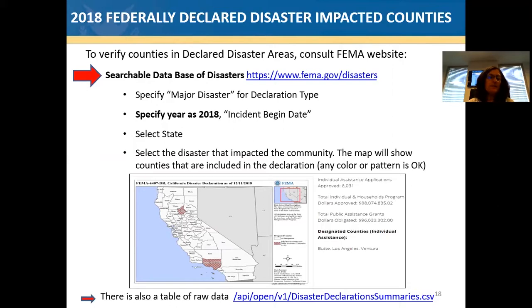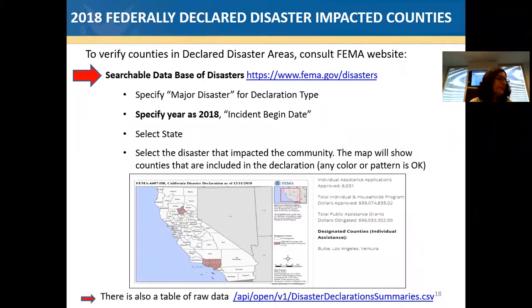And when you get to that page, it will ask you quite a bit of information. It will ask you for declaration type, incident type, when it began, when it ended. When you are doing this sort of search, you don't need to fill out all of the fields, but you do need to fill out some of them.